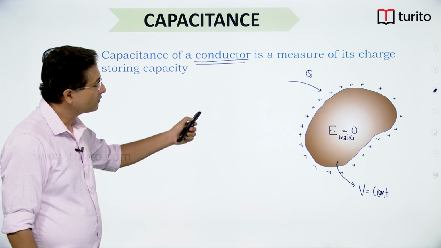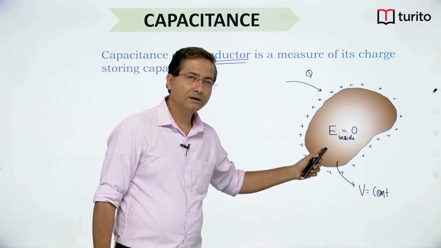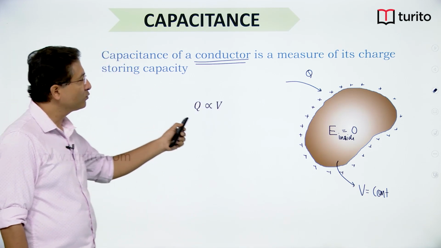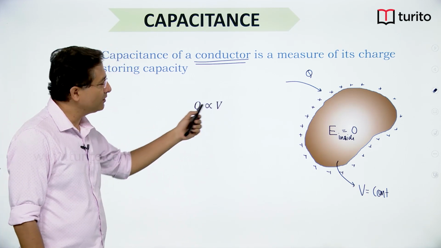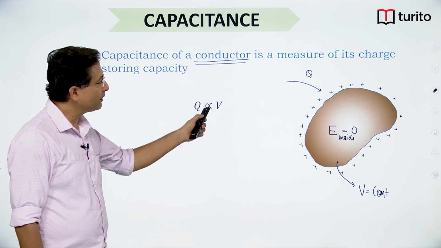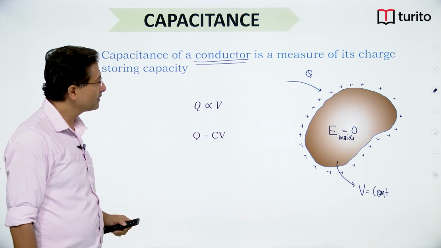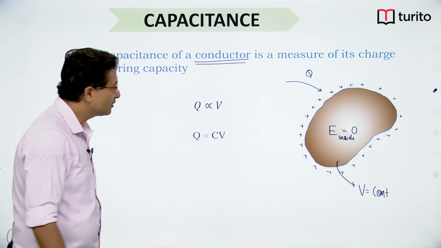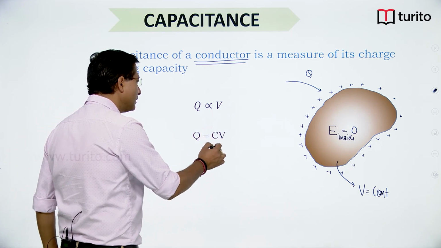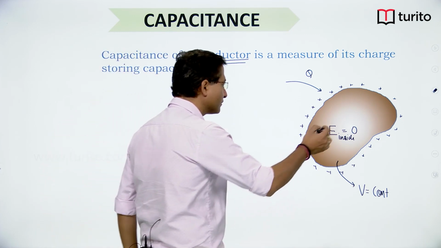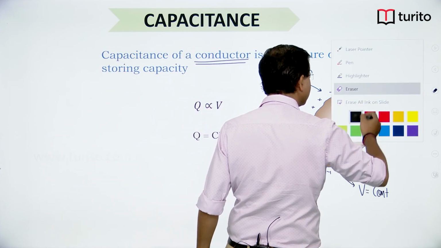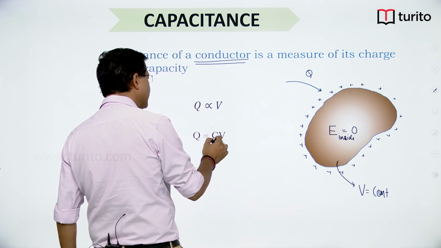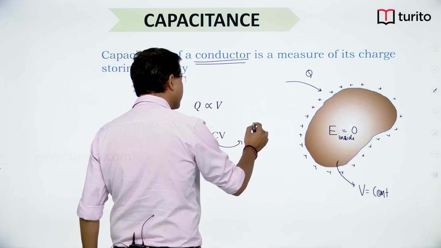So, depending on this charge, you will get the potential on the conductor. I can say Q is proportional to V, or V is proportional to Q. If I remove the proportionality sign, then I will write Q is equal to some proportionality constant times V. This proportionality constant is called capacitance.